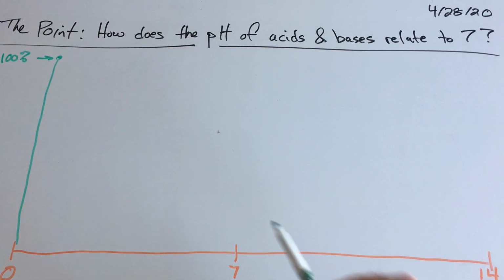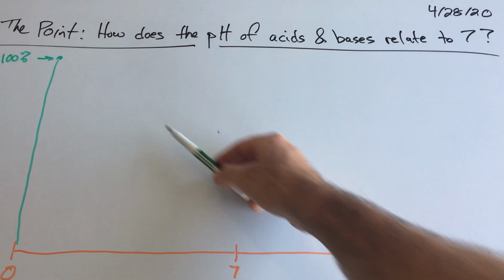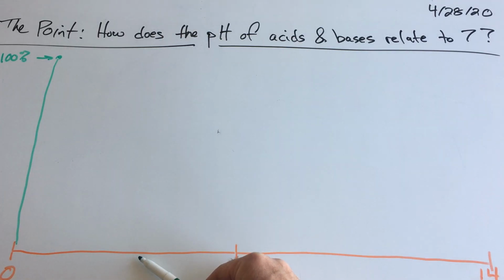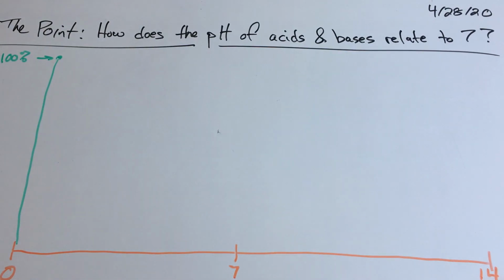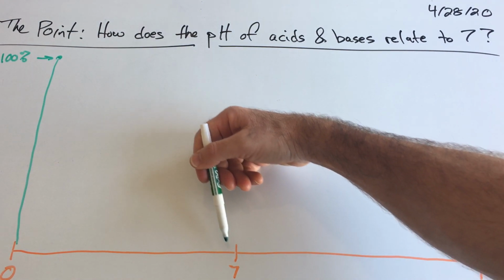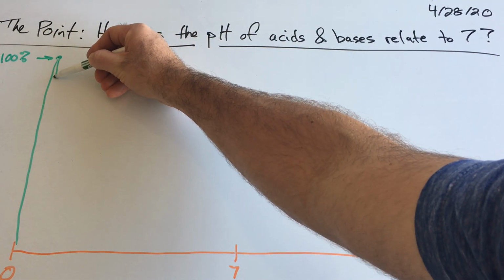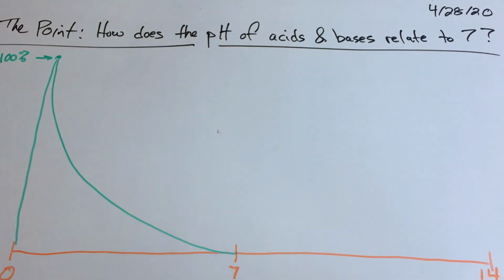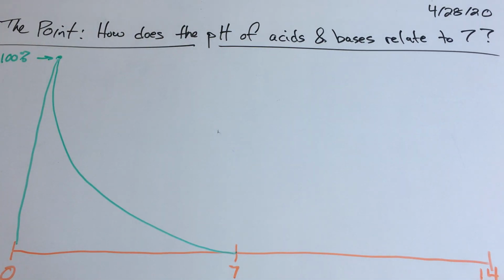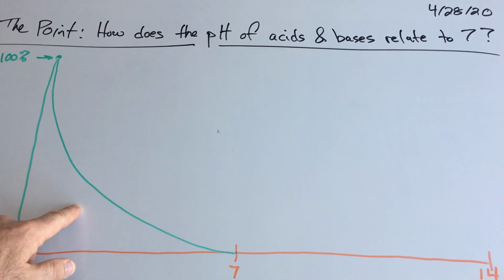It's not a line like this. It's not linear. So if you're halfway between these, you're not going to be halfway up. This actually has to do with logarithms and exponents. So it's actually going to be this kind of a thing. So we're talking logarithms.